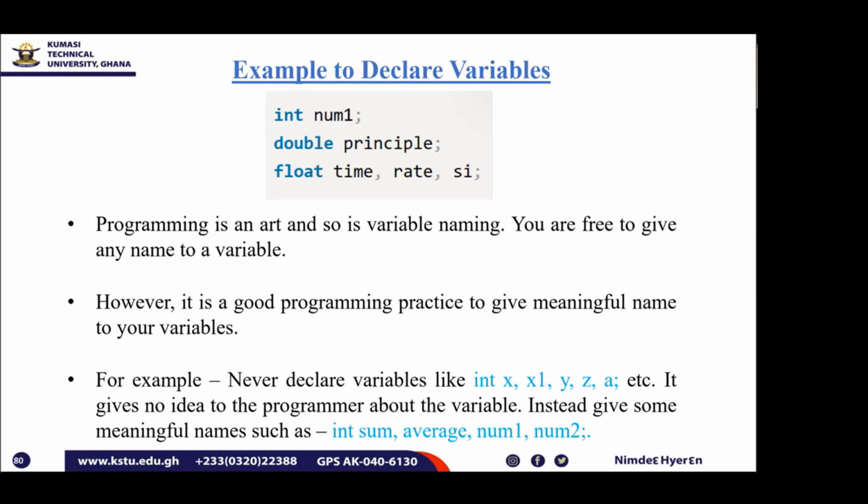Now, one thing you should know is that programming is an art, and so is variable naming. You are free to give your variables any name you wish, but you have to do it with clarity, so there should be meaning in the variable names you choose.